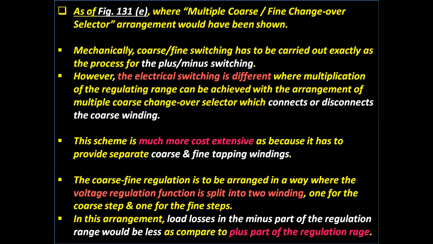This scheme is much more cost extensive, because it has to provide separate coarse and fine tapping windings. The coarse fine regulation is arranged in a way where the voltage regulation function is split into two windings, one for the coarse step and another for the fine steps.